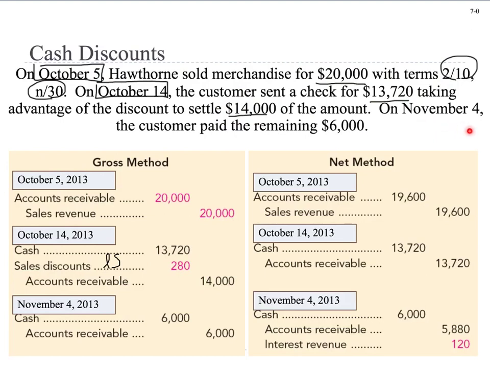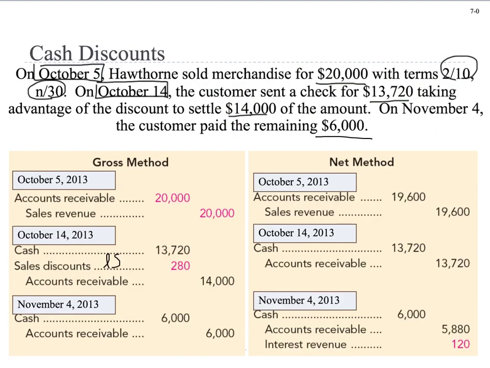Well, November 4th came along and the customer paid the remaining balance of $6,000. So we can see the transaction that they recorded down here, just your normal entry. They paid $6,000 and they're reducing the remaining $6,000.